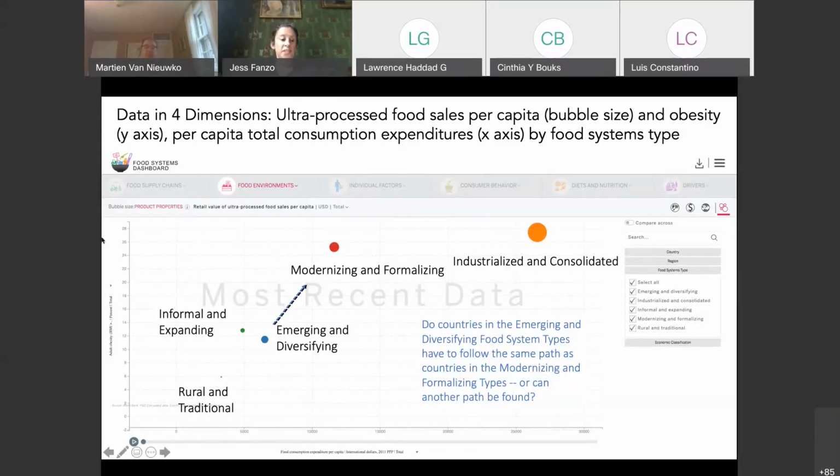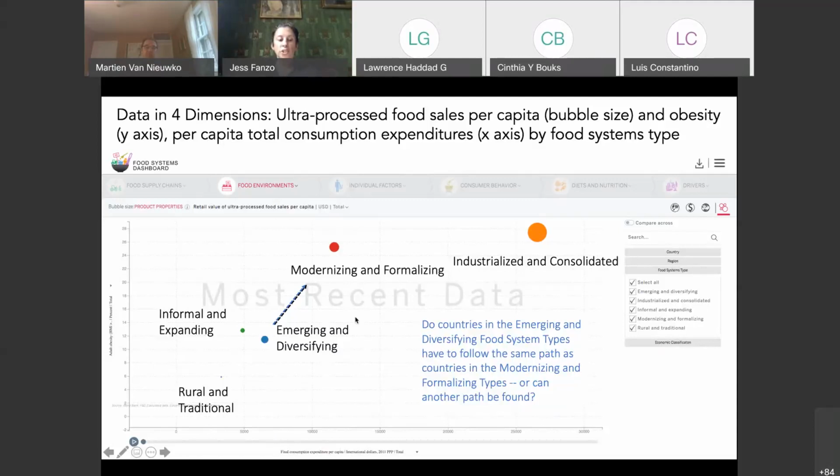And what this is comparing is adult obesity on the y-axis and retail value of ultra-processed food sales per capita. And when you map out just the broad food system types, you see that industrialized and consolidated, there's a very high correlation between obesity and the expenditures on these ultra-processed foods.